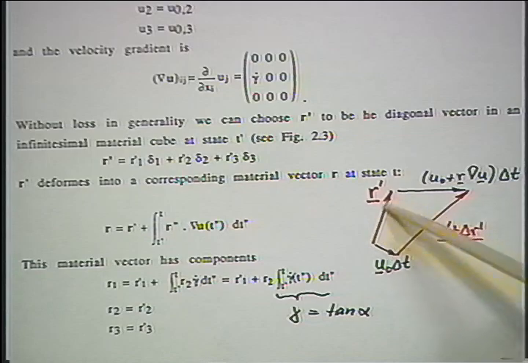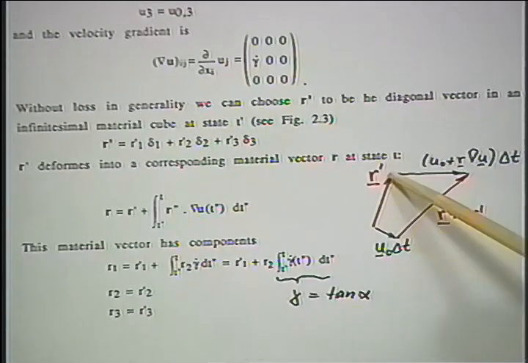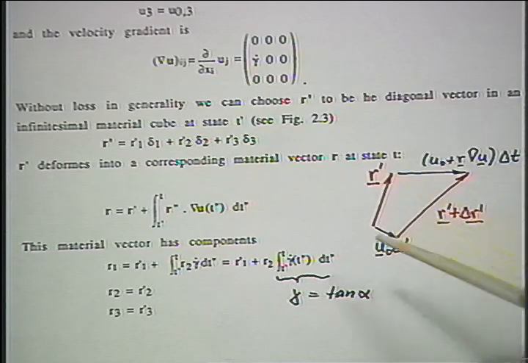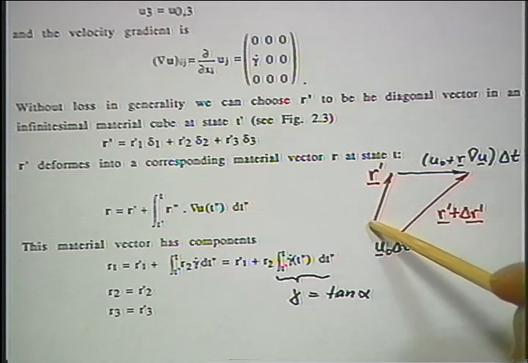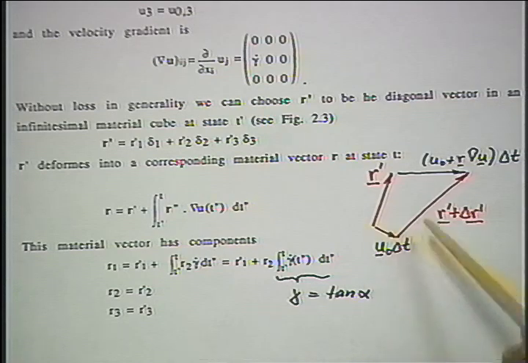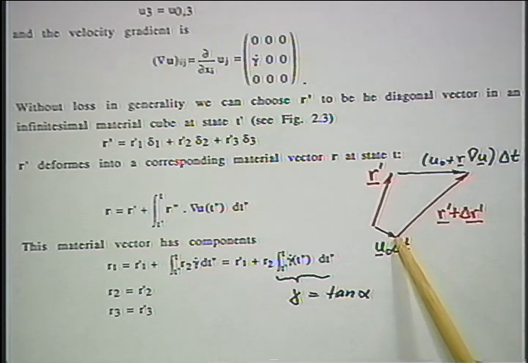Vector R prime at the early state is given as this. It's a material vector, and the point at one end of this vector has, say, velocity u0. At some increment later, some time delta t, it will be at this new position here.